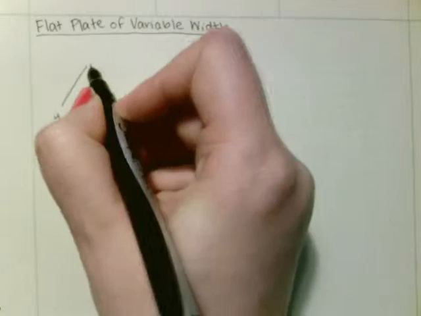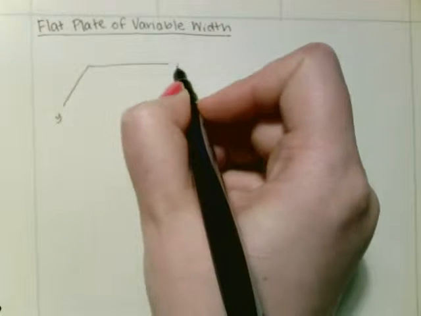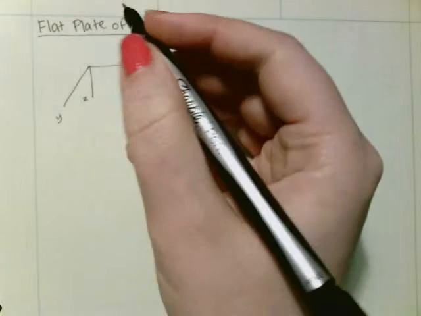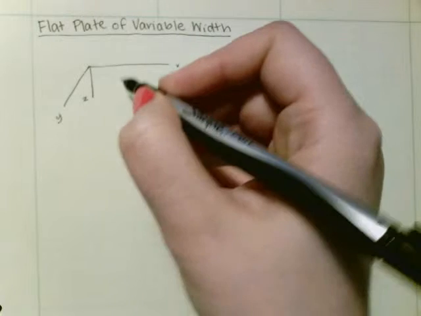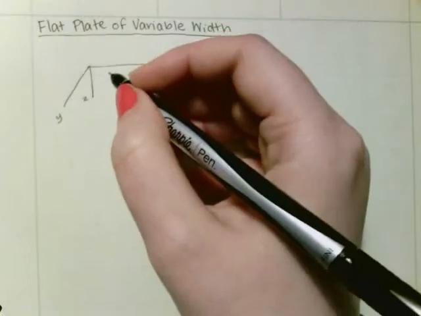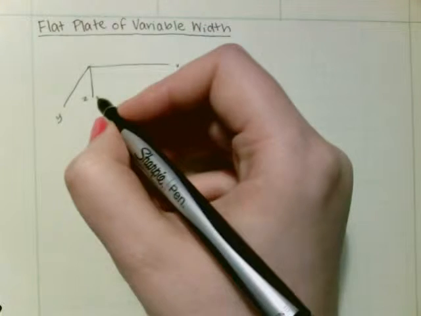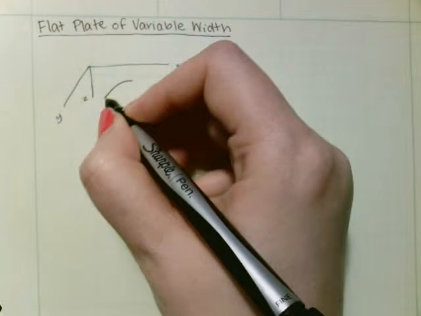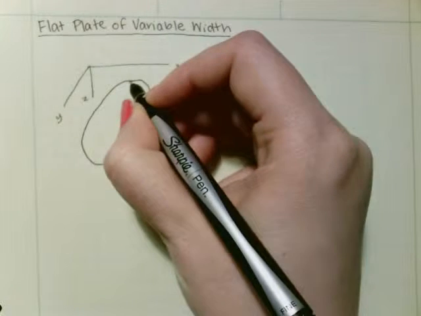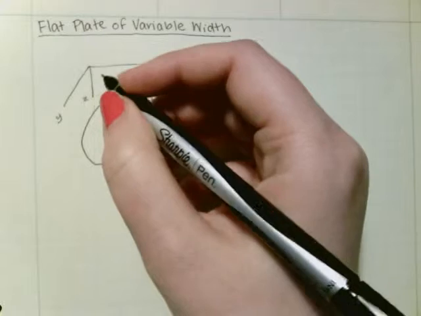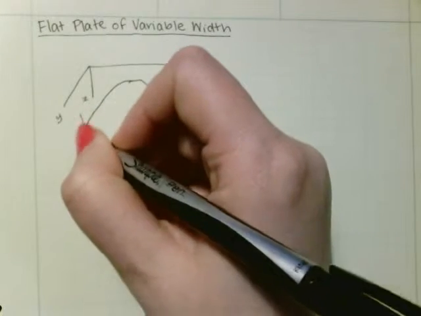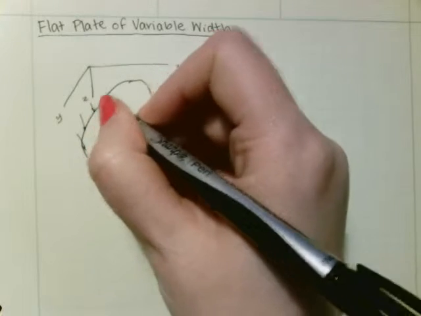This is my y-axis, this is my x-axis, and this is my z-axis. And this plane represents where the liquid surface is. So if I have a plate something like this, and it's going to have a distributed load throughout it from the pressure of the water.